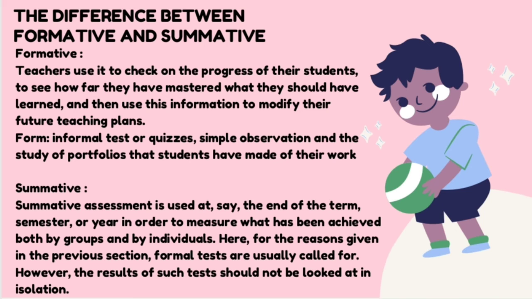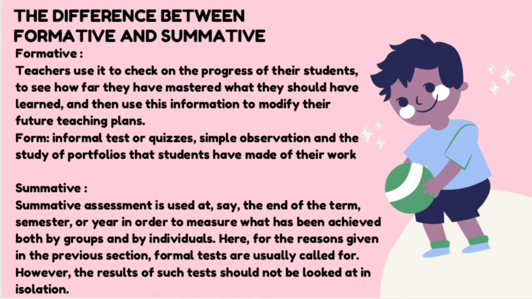Formative, teachers use it to check on the progress of their students, to see how far they have mastered what they should have learned, and then use this information to modify their future teaching plans. From informal tests or quiz, simple observation, and the study of portfolios that students have made of their work.